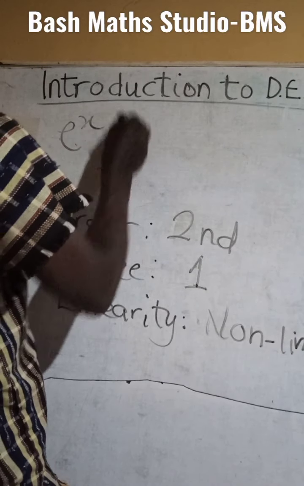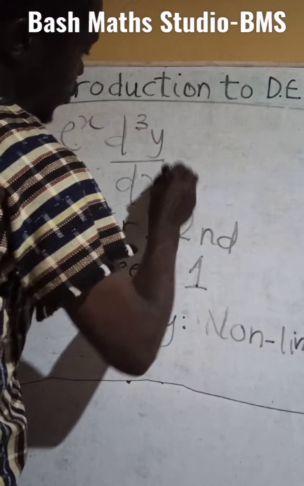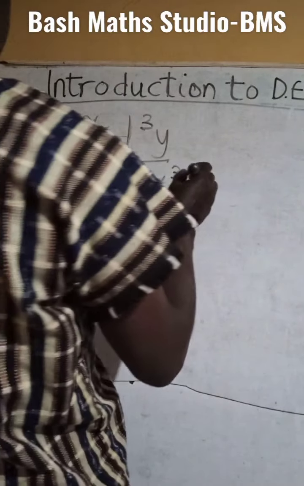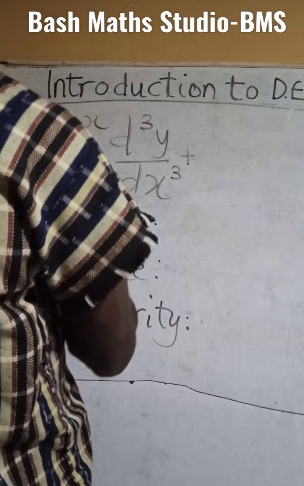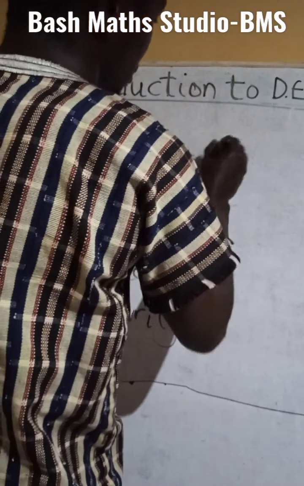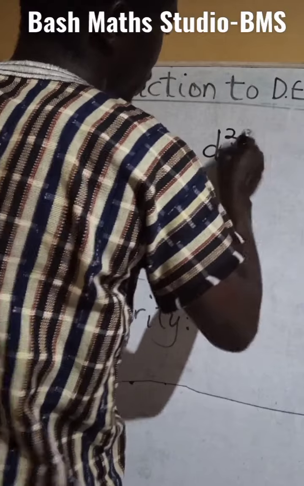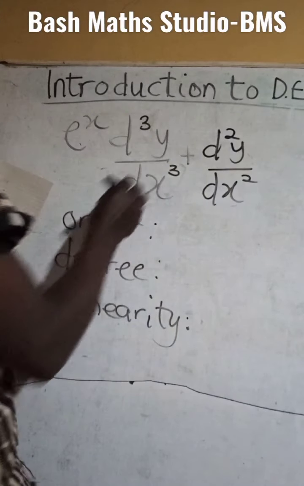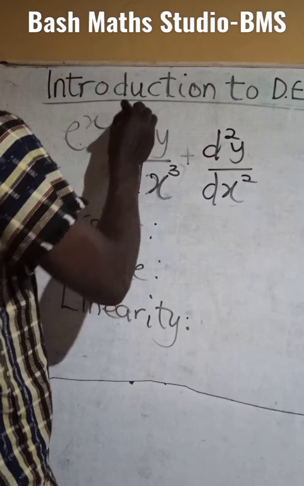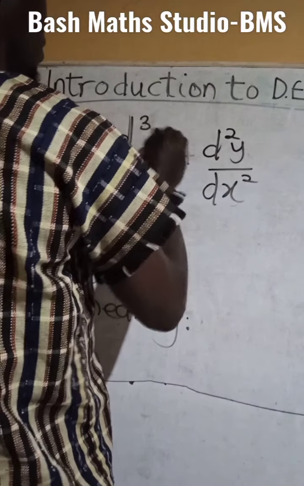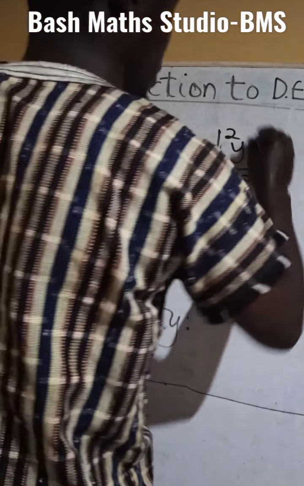e to the power x, d cubed y over dx cubed, plus, let's change marker, d squared y over dx squared, all squared, is equal to 0.